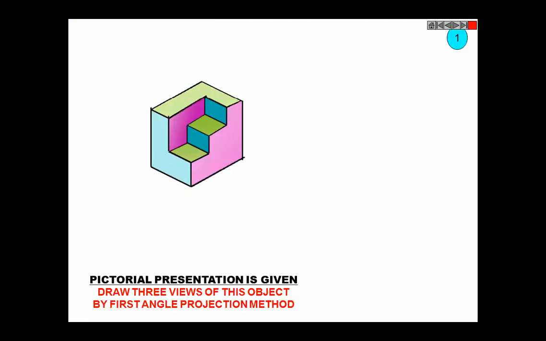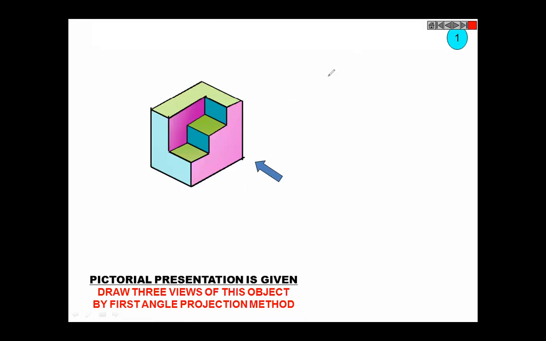Now you draw for this. See, it is written which method you need to use: the first angle projection method. It is written here. And this is your view.